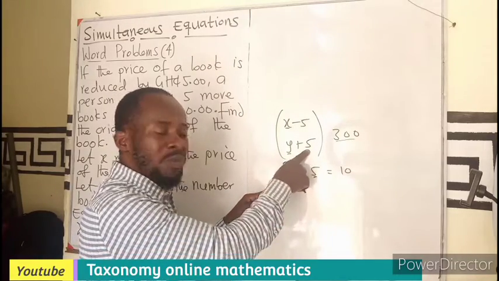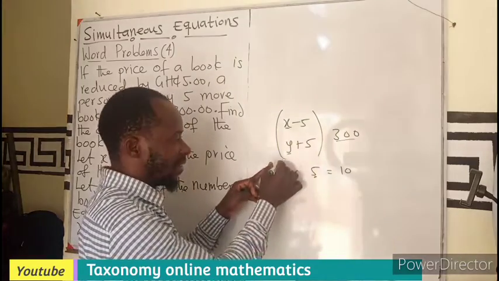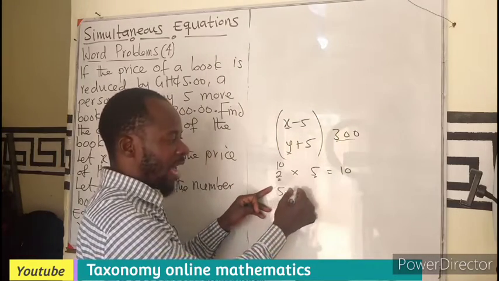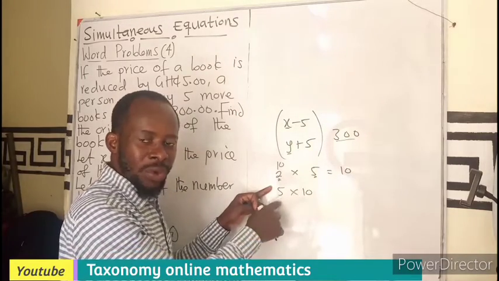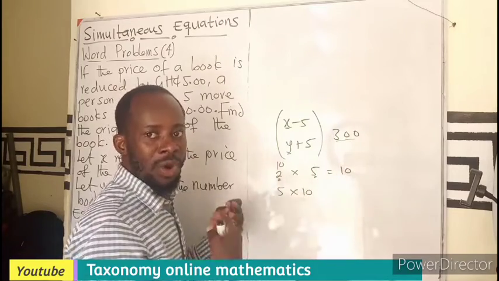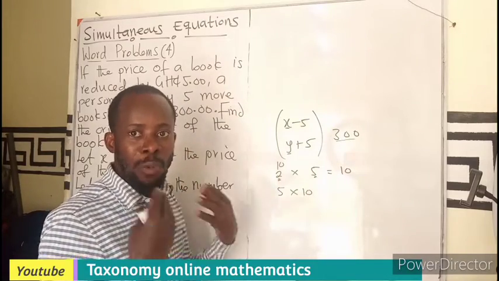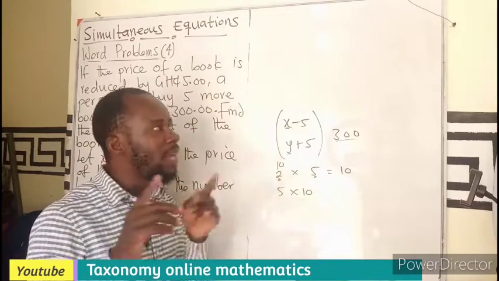From 5 books, plus another 5, I'll have 10. You still see that I will still have to multiply to get the 300 Ghana cedis, because that is what I have in my pocket. There will be no increase in money, just the alteration of the number of books and cost.